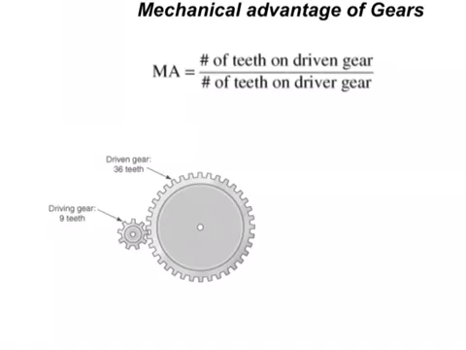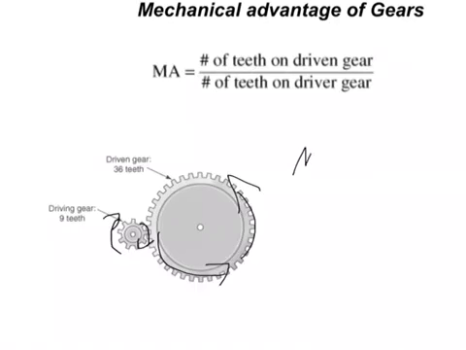Now let's look at an example where you go from a small gear to a big gear. In this case, you're going from a driving gear of 9 teeth. So this smaller gear turns, which causes your big wheel to turn.